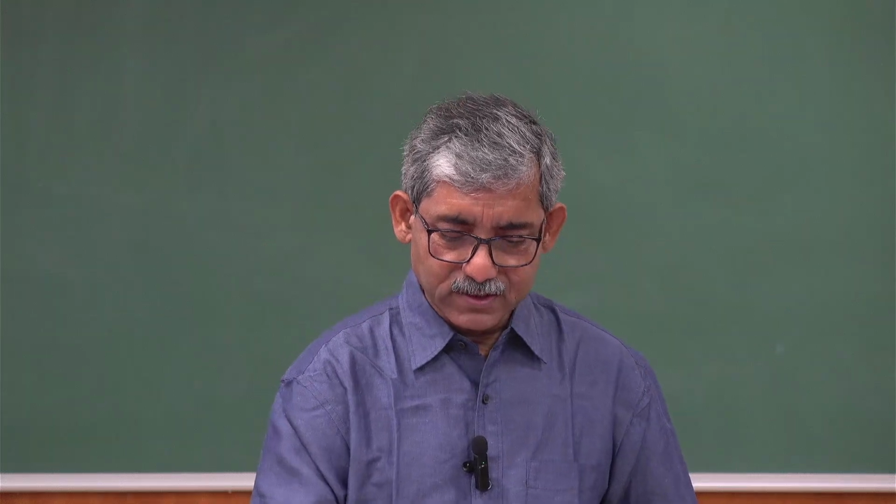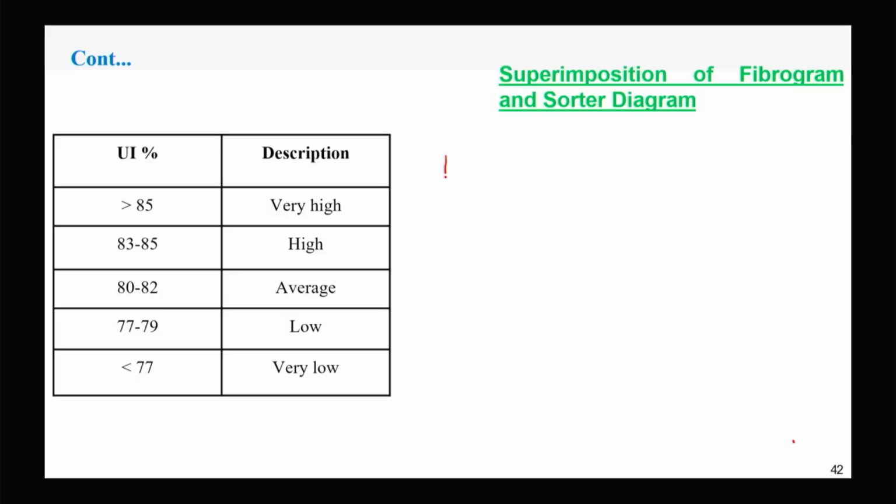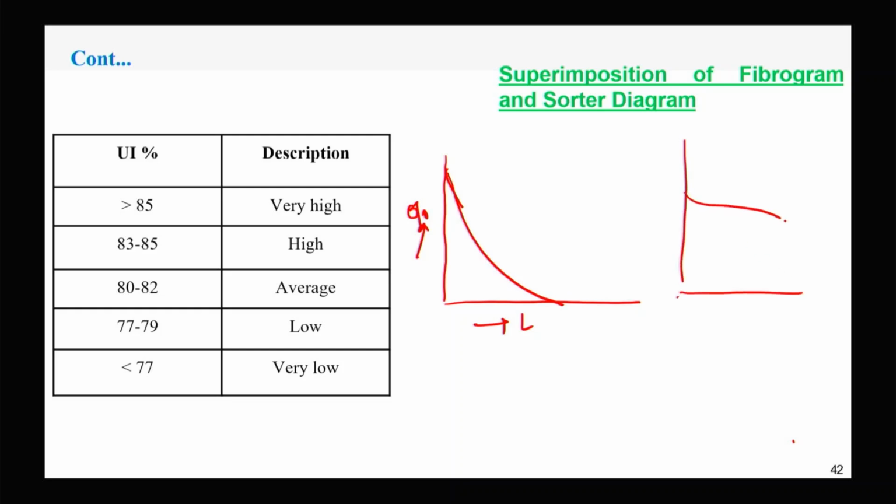Now try to see here, if we draw for cotton, the fibrogram is this, but the comb shorter diagram, this is the proportion, this is the length. In the comb shorter diagram the shape is in this fashion.